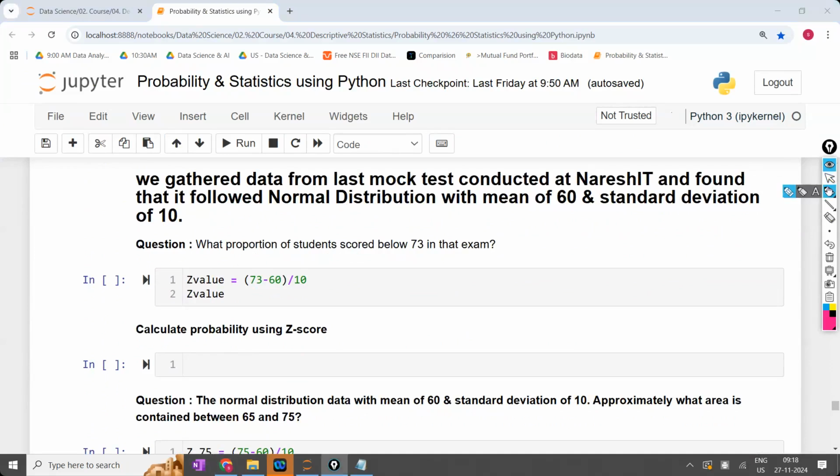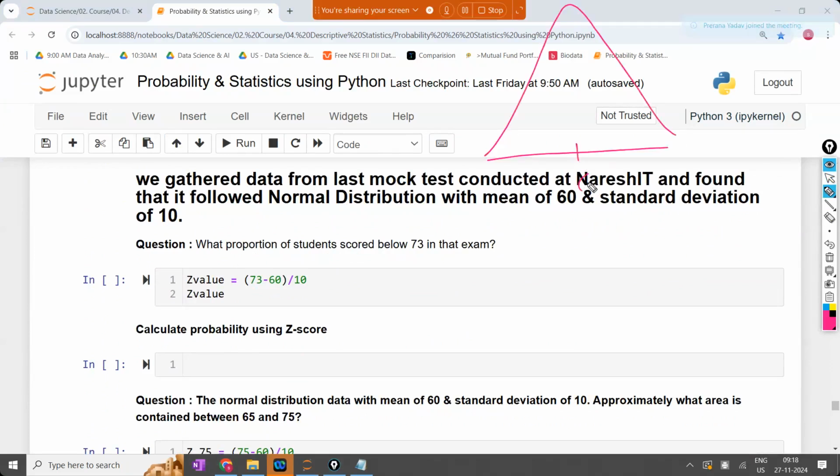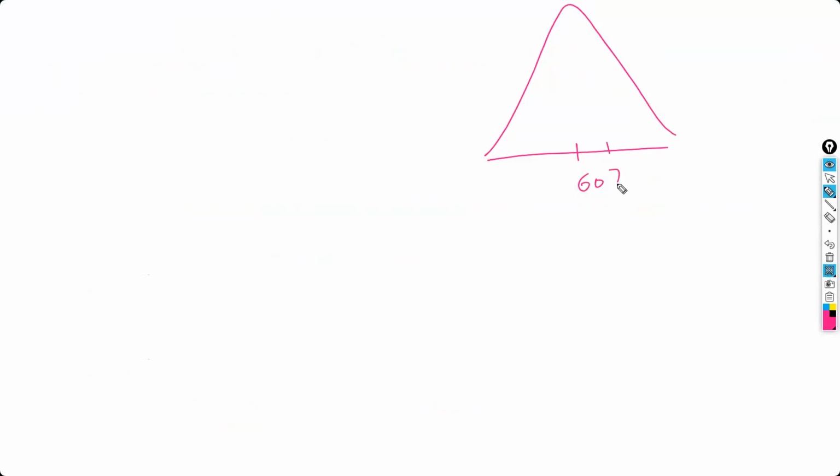Okay, mean of 60 means the center value should be 60. With a standard deviation of 10, the right side values should be 60 plus 1 into 10, which is 70, 80, 90. Left side 50, 40, 30. Like this. Is the point clear?